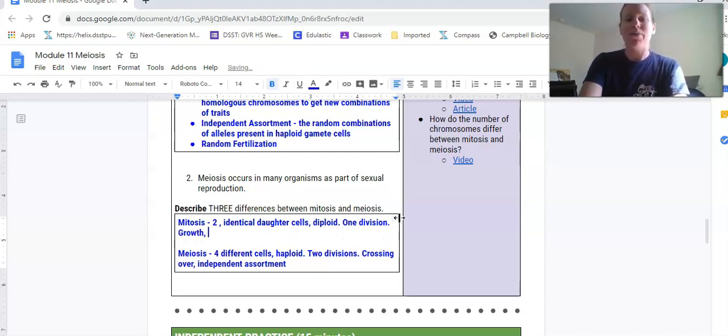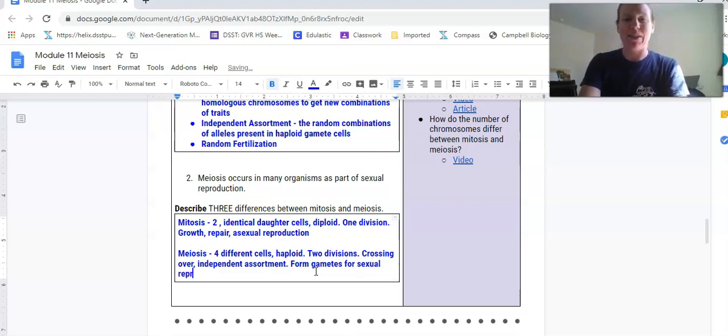Yes, you said growth, you said repair, and then you said asexual reproduction, just like your aloe plant, which is doing that right now. But what about meiosis? What's the purpose? Yes, to form gametes, so eggs and sperm, for sexual reproduction. Great. That way you can get that genetic variation.